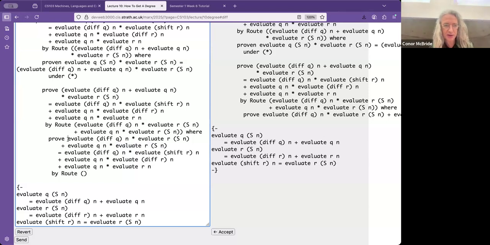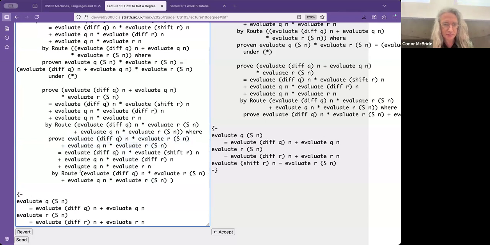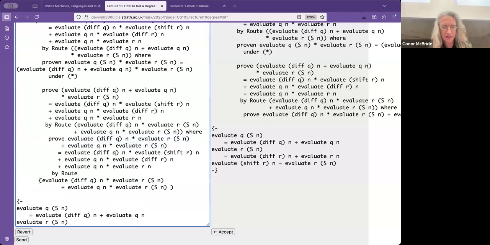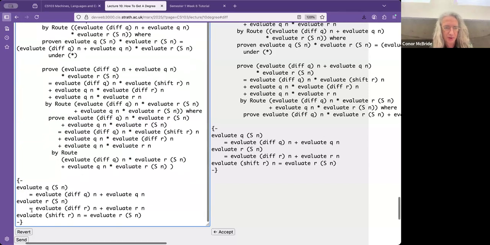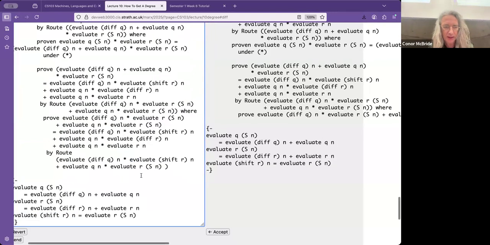I'm going to take that thing there, copy it, paste it. And then the one that is multiplying the diff, I'm going to get by evaluating shift. I put that there.